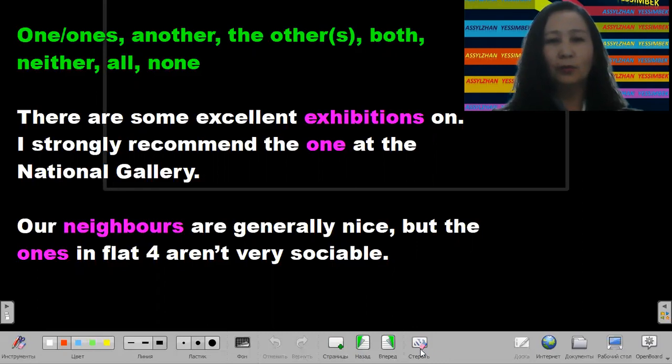Exhibitions will be replaced with the pronoun one. Our neighbors are generally nice, but the ones in flat 4 aren't very sociable. The noun neighbors will be replaced with ones because neighbors is plural form. Ones is also for plural form.